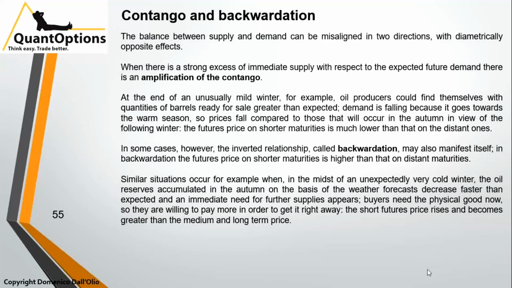But the balance between supply and demand can be misaligned, and it can be misaligned in two directions with diametrically opposite effects. When there is a strong excess of immediate supply with respect to the expected future demand, there is an amplification of the contango. Think of what could happen at the end of an unusually mild winter.